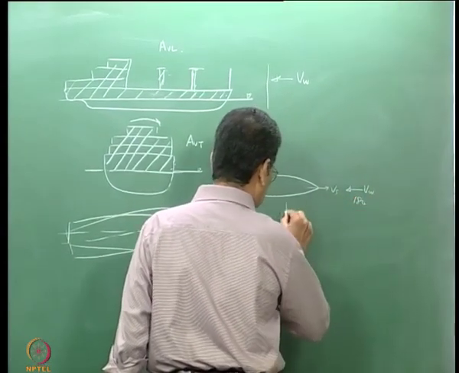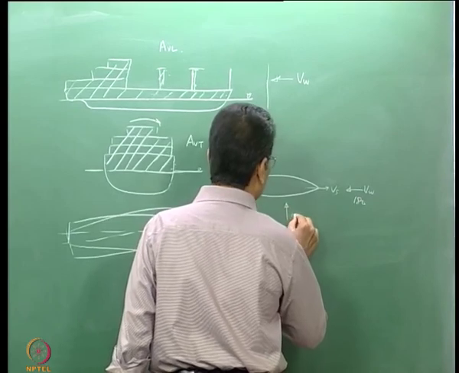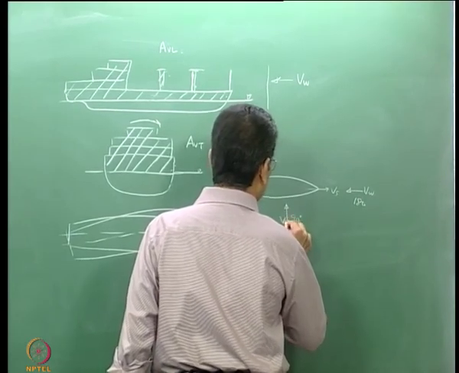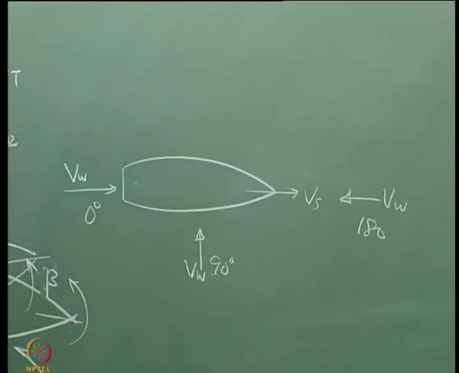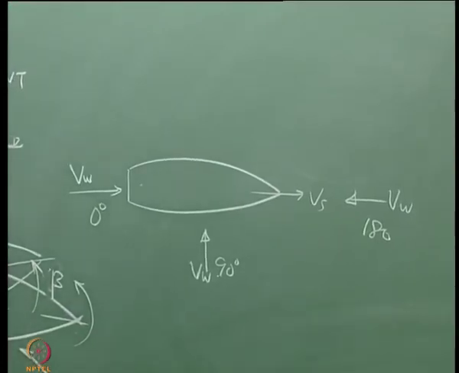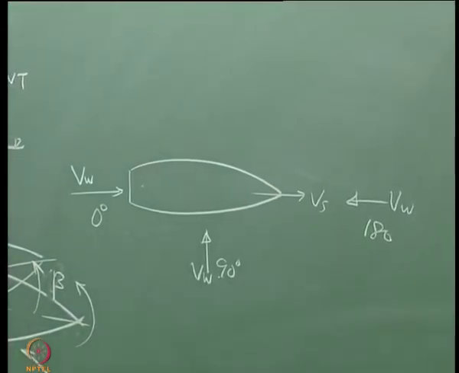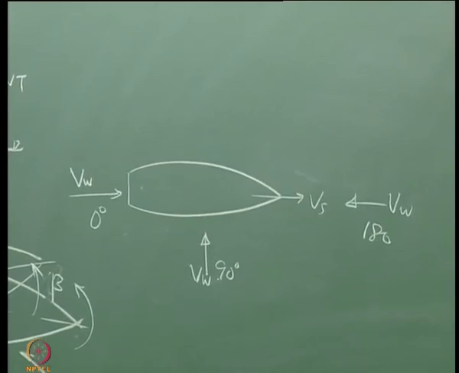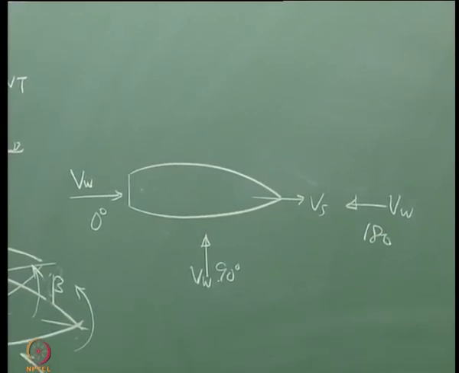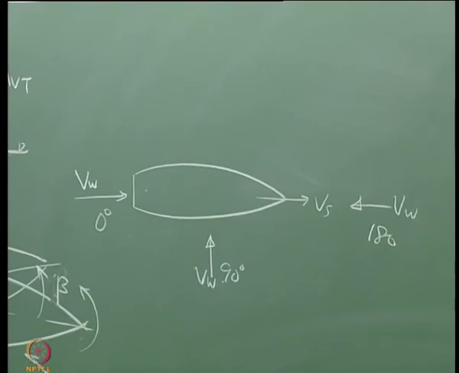If the wind acts in this direction, it is 90 degree. So, 0 to 90 means the wind is in the same direction as that of the ship. Same direction means it is following the ship. That means it is giving a pushing effect for the ship. So, that means Cx is negative.